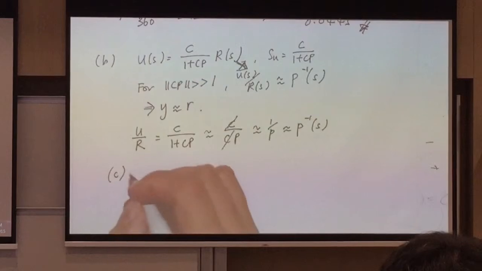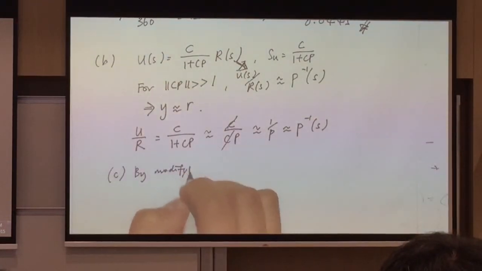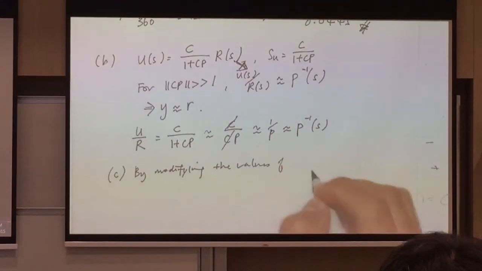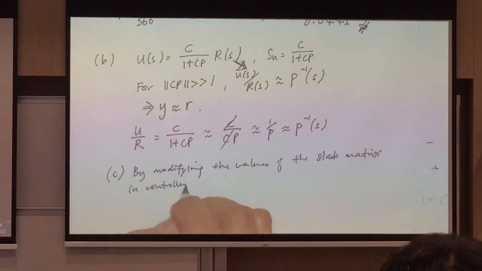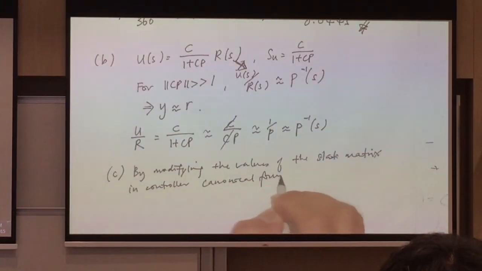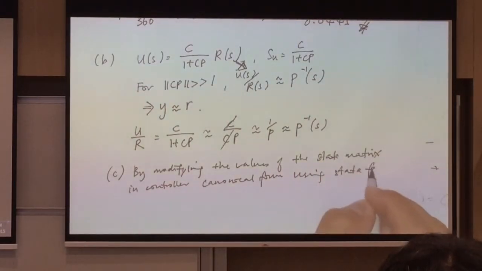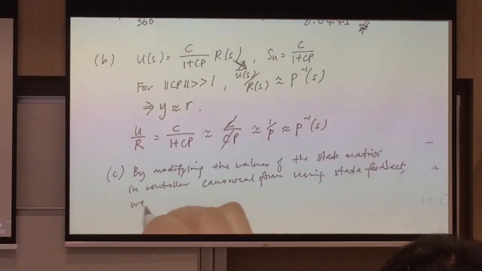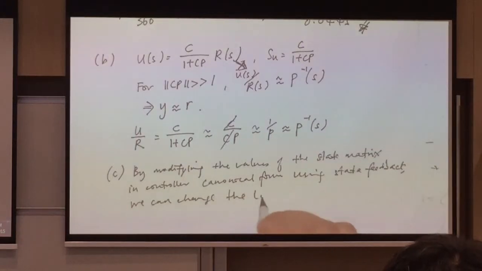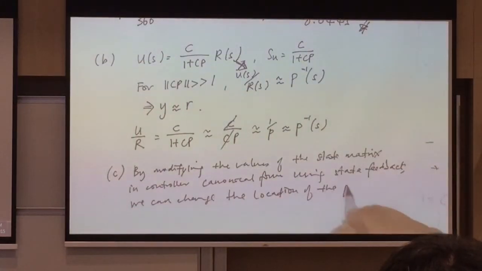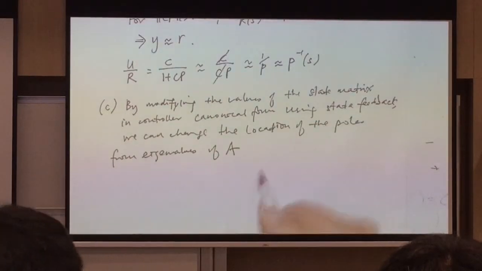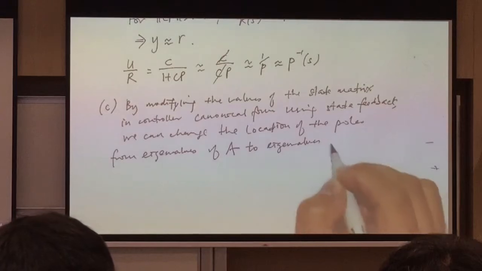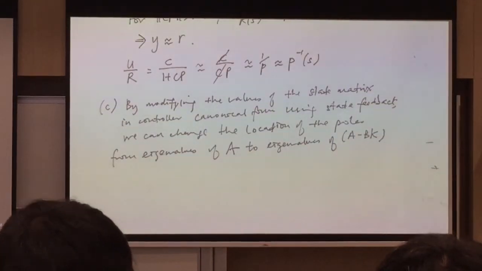And how can it be used to design a state feedback controller? If you want the full marks, say that by modifying the values of the state matrix in controller canonical form using state feedback, we can change the location of the poles from eigenvalues of A to eigenvalues of A minus BK.